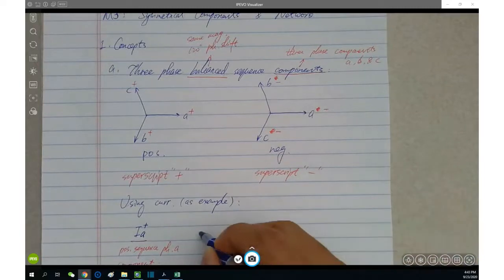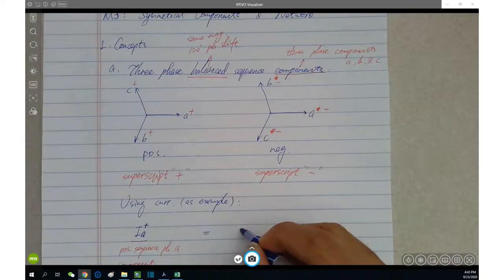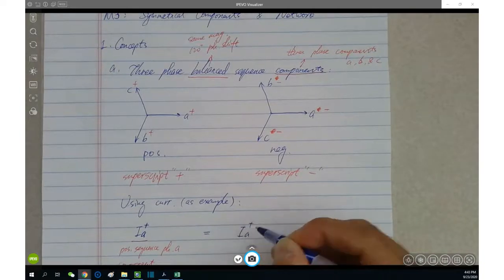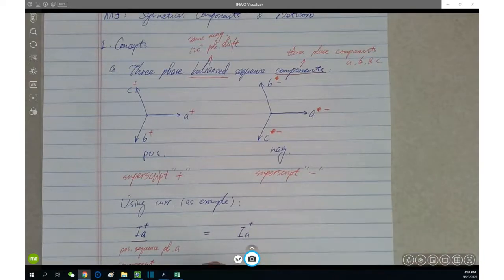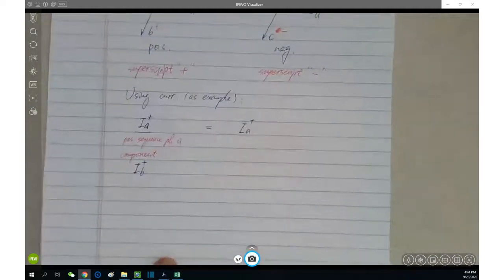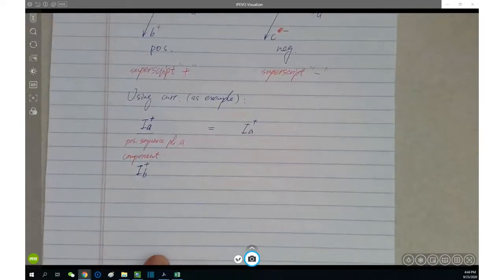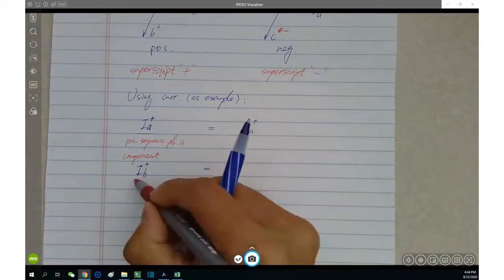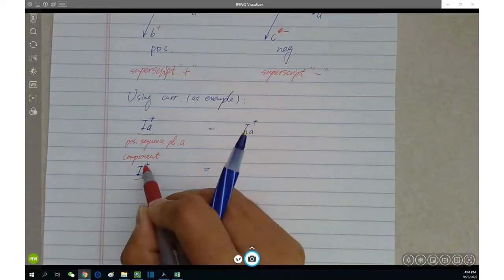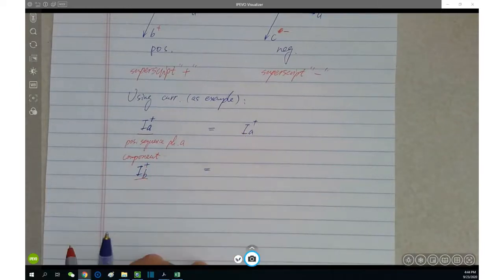And if we know this guy, of course, is equal to itself, then let's try to express IB plus. IB plus means what? Positive sequence, phase B component, right?